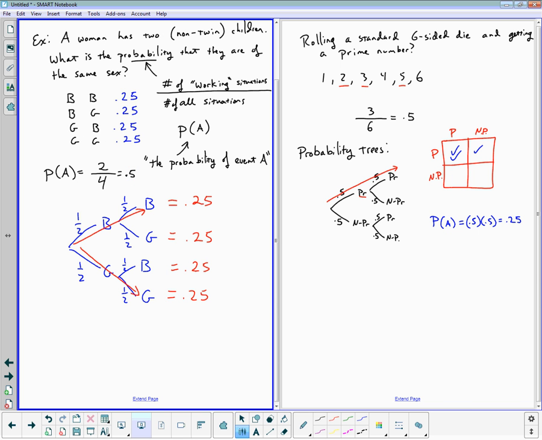The final answer is 0.25 plus 0.25, because one scenario or the other will give me the right one. So 0.25 plus 0.25, 0.5.